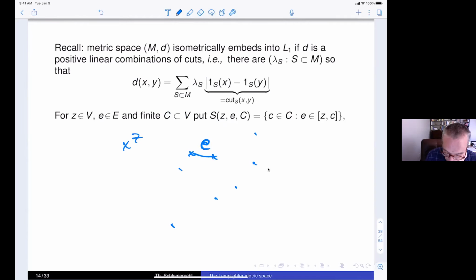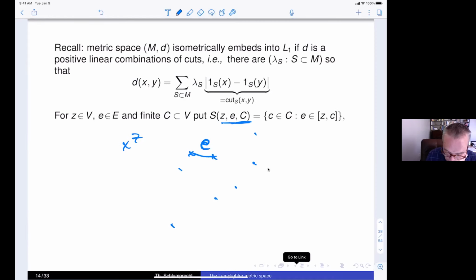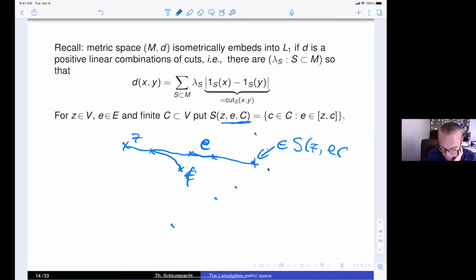A point C is in that set if in order to go from Z to that point, you have to go through E. So this point will be in S_{Z,E}. If you don't have to go through E, then it's not.